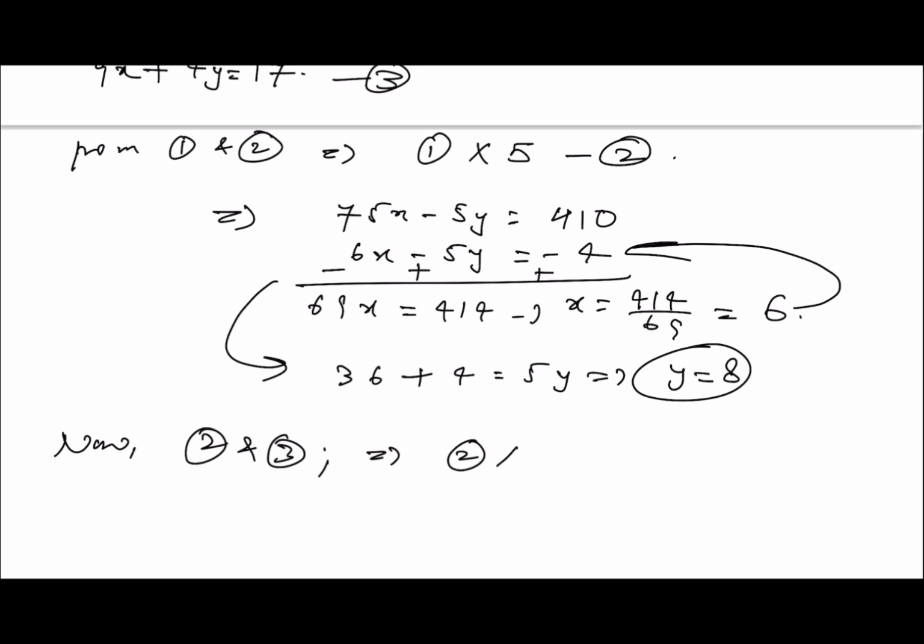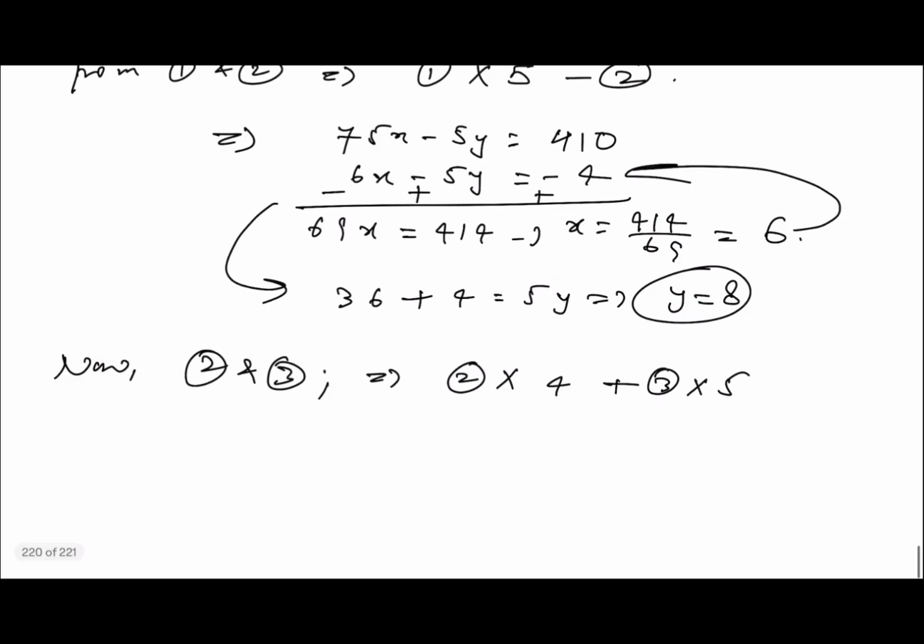multiply equation 2 by 4 and equation 3 by 5 and then add. What will we have? 24x minus 20y is equal to minus 16, 45x plus 20y is equal to 85.